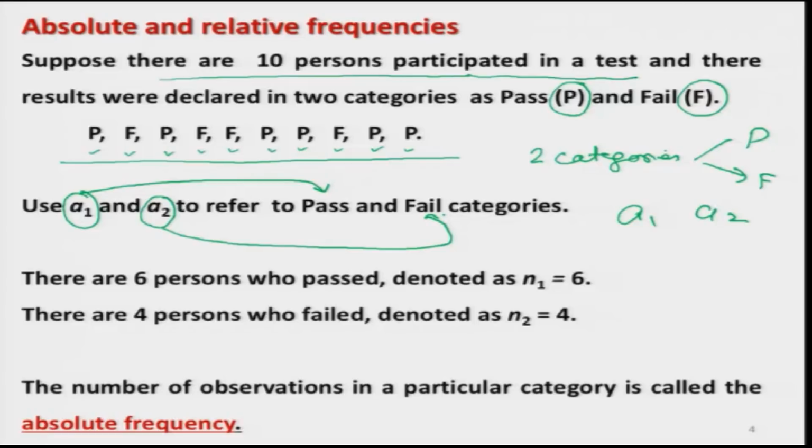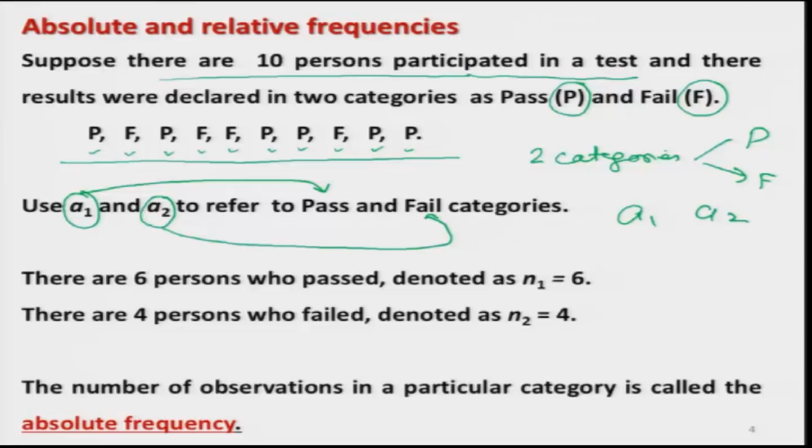So, now I have introduced here a word, category. Category contains all the observations which are similar to each other. For example, the category of candidates who passed will contain all the candidates who have passed. The category fail contains all the candidates who failed in the test. Right. So, these are called categories.